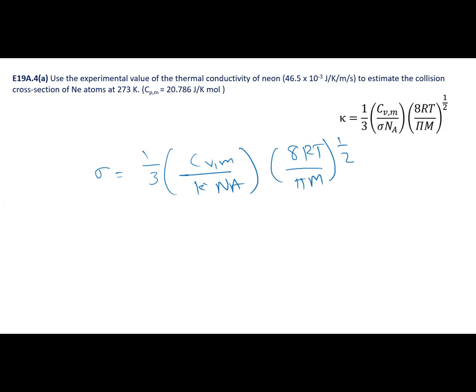Now this is relatively straightforward. You plug in all these values, and one thing I forgot, the molar mass of neon is 20.18 times 10 power negative 3 kilogram per mole. So plug in these values, you get sigma as 7.95 times 10 power negative 20. Oh, my bad.